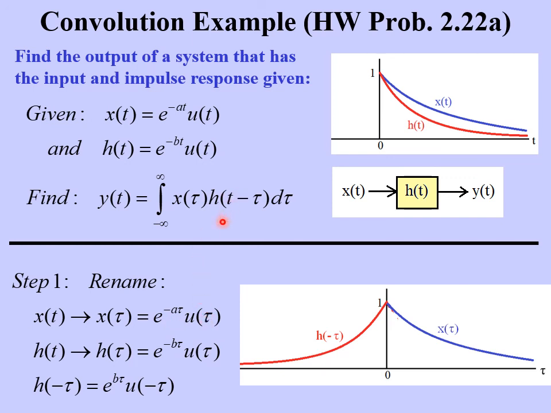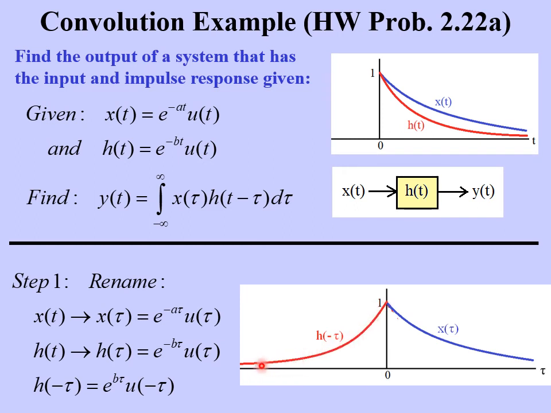Now, h of tau is a little more tricky. First of all, we can take h of t and just change it to tau, but notice that in the integral here, it's h of negative tau. So what we need to do is flip h of tau and do a time reversal. Remember, h of negative tau goes back like this.